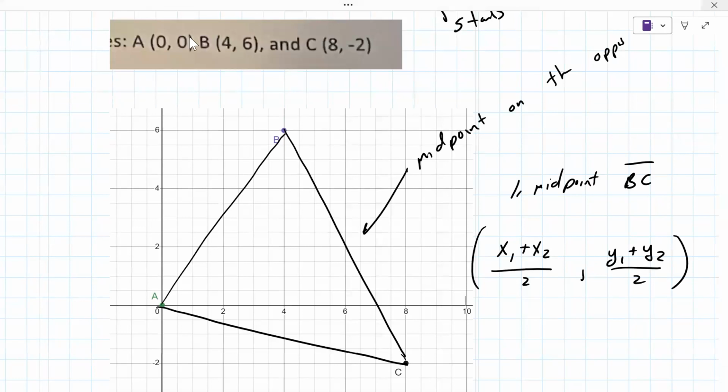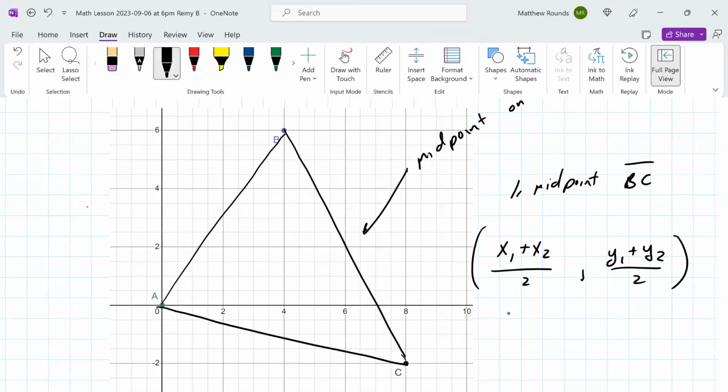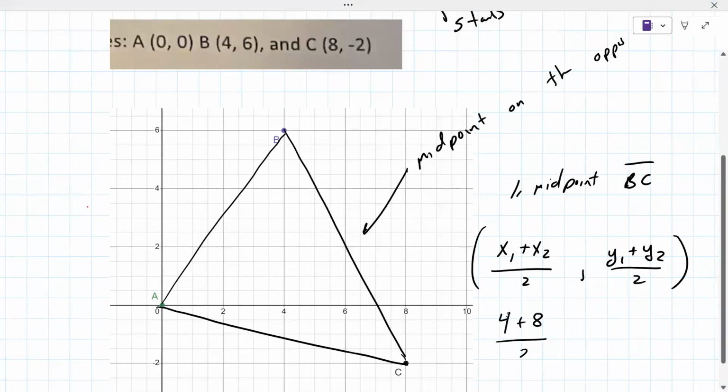Would it be 5, 3? It is not 5, 3. You're adding up the X values, 4 plus 8 divided by 2. And then the Y value is 6 plus -2 divided by 2.